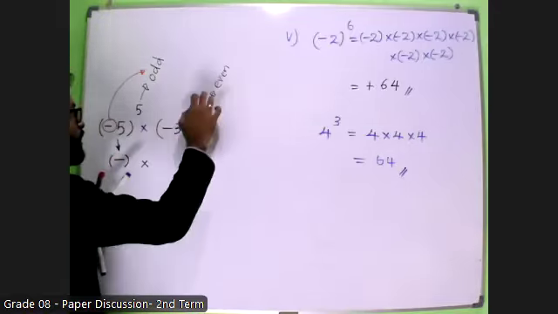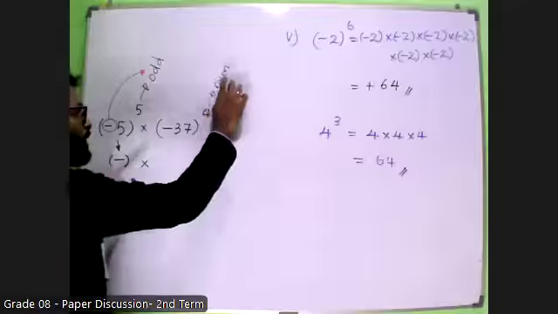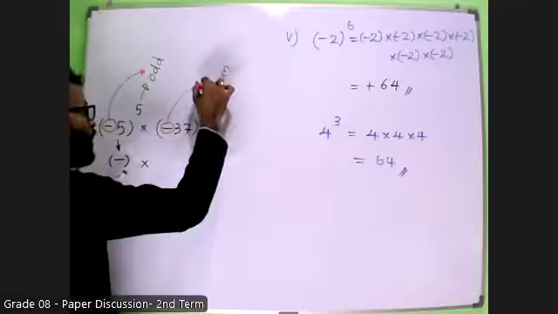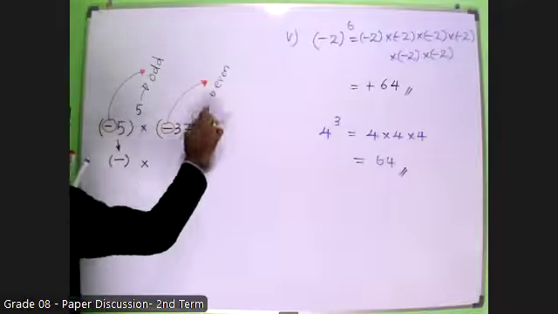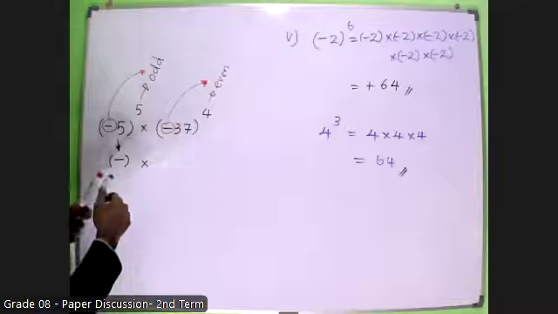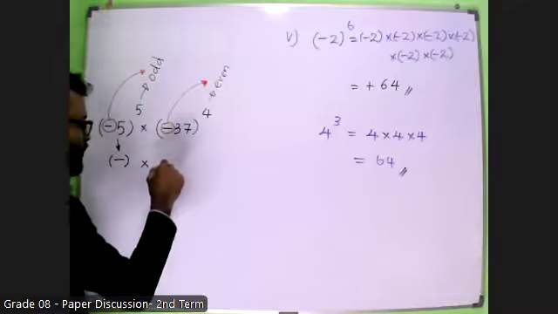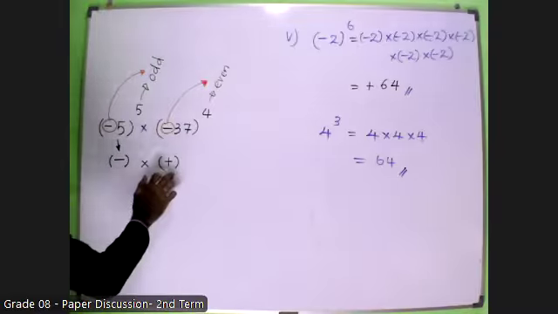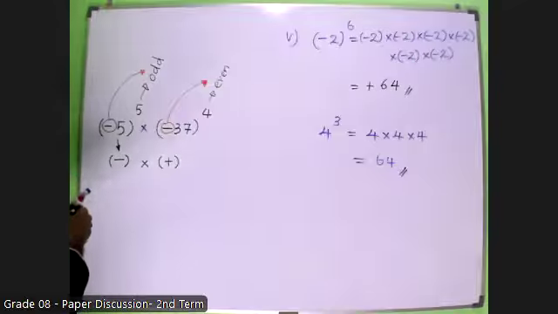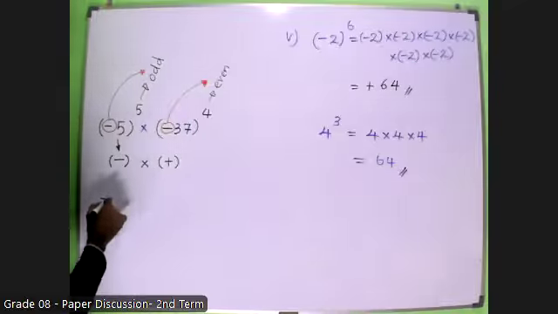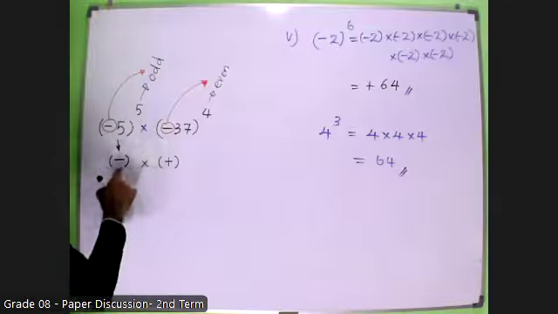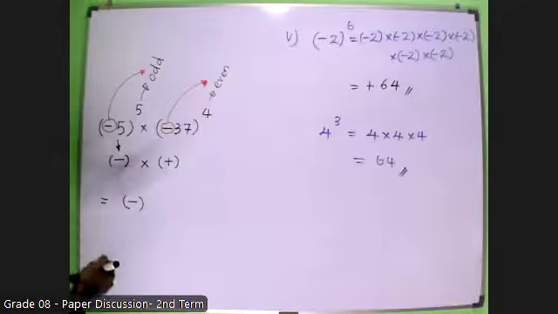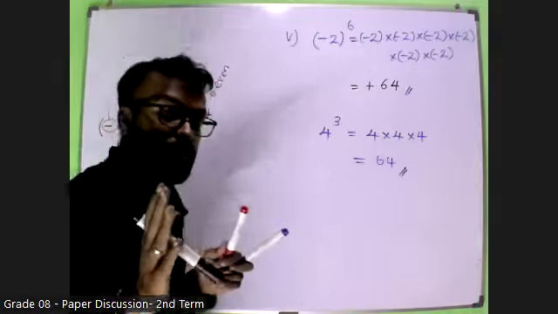If you have an even power of a negative, the final answer will be positive, right? So how can you obtain the final answer's sign? Negative times positive. Negative times positive means negative. So the final answer will be negative.